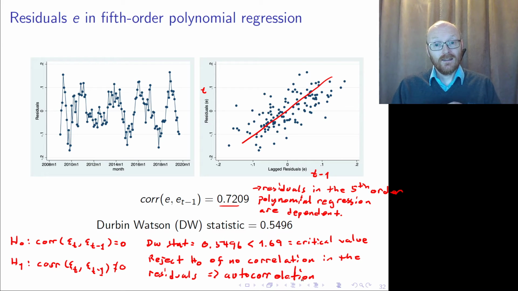This is a violation of the multiple regression model assumptions, which means that we can't really trust this polynomial regression model.